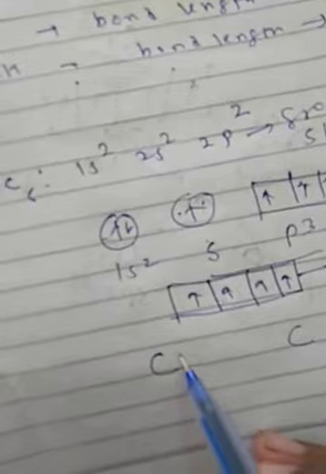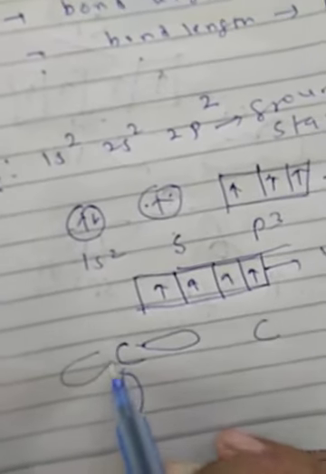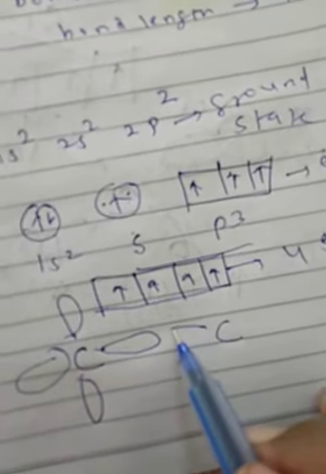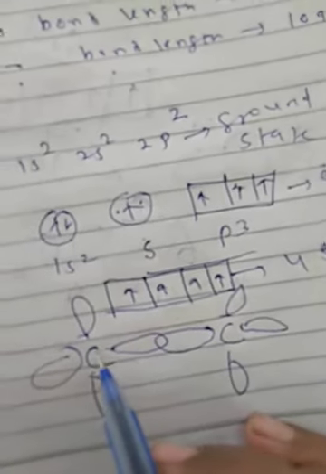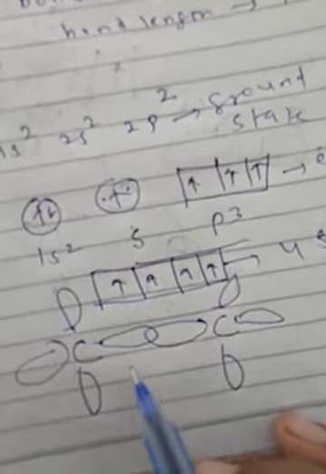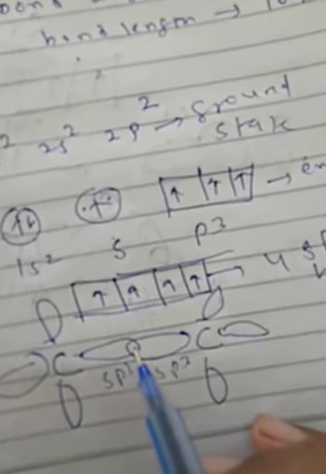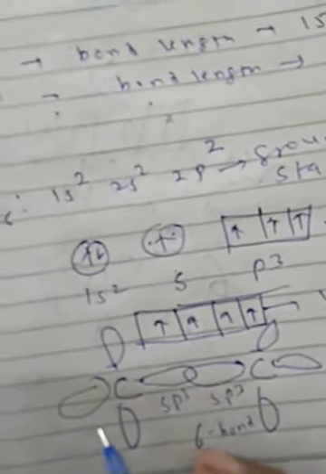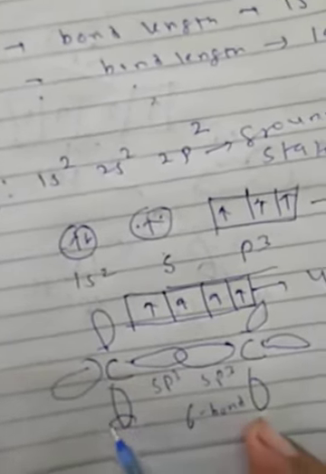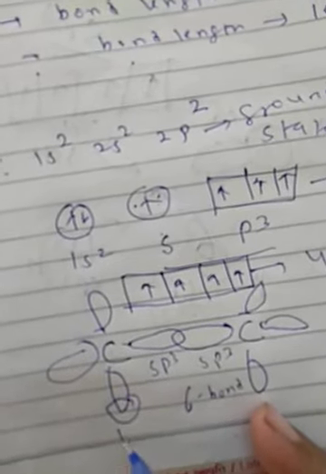So this carbon is having 4 sp3, 1, 2, 3 and 4. This carbon also has this sp3, 1, 2 and 3. So carbon and carbon, overlapping of one sp3 with another sp3 results into the sigma bond, that is strong. This sp3 with hydrogen's s bond.